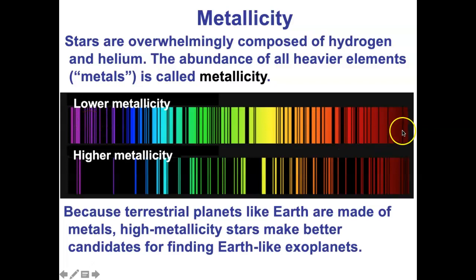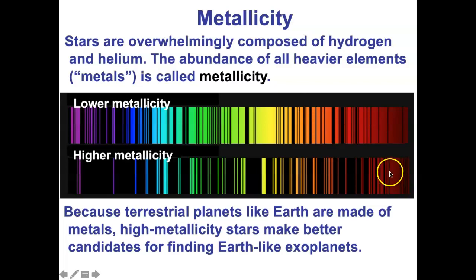Most of those lines, the strongest lines, are going to be from hydrogen and helium, but all of these little lines are from metals. But there's only a few lines, right? There's not that many lines. So you could look at that star and say, well, there aren't that many dark lines, so that's a lower metallicity star. There isn't that much carbon, oxygen, iron, silicon, metals in that star.